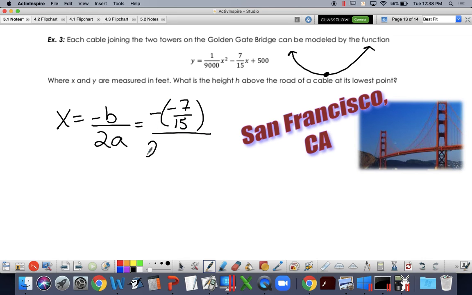7/15 divided by 2 times. Do you think we can do this without our calculator?